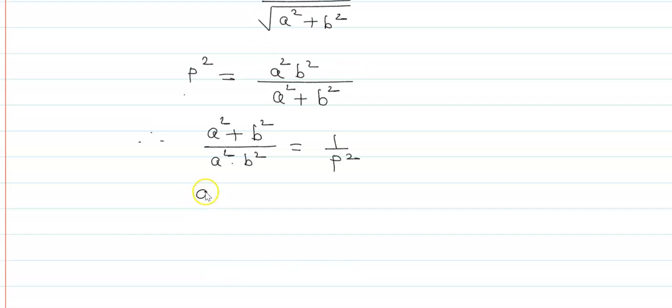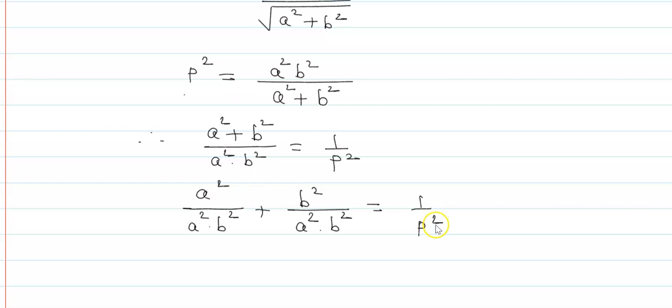If we simplify this, a square upon a square into b square plus b square upon a square into b square is equal to 1 upon p square. Therefore, it is 1 upon b square plus 1 upon a square is equal to 1 upon p square.